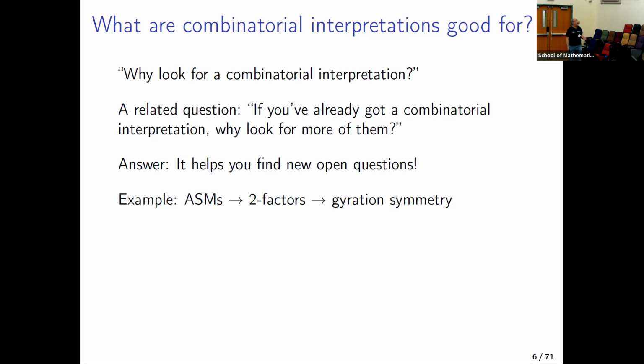But if you have a 2-factor of a graph, you get to ask questions about how the points on the boundary are joined up to other points on the boundary. And in the case of alternating sign matrices, you find this really bizarre symmetry relation, this dihedral symmetry of the link pattern associated with these fully packed loops, something you would not have been able to find if you were just satisfied with your original supply of combinatorial interpretations.